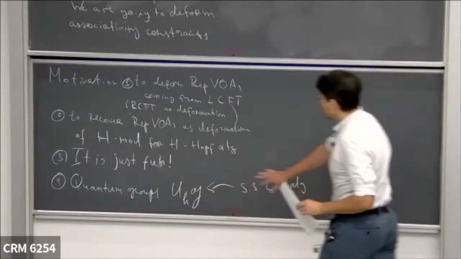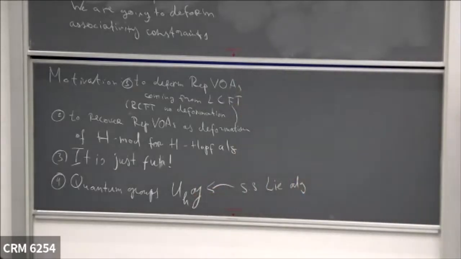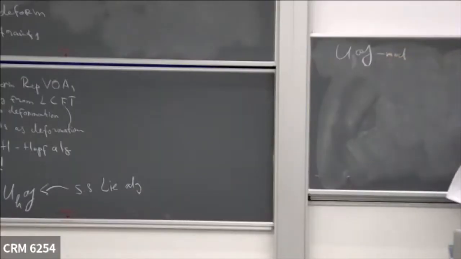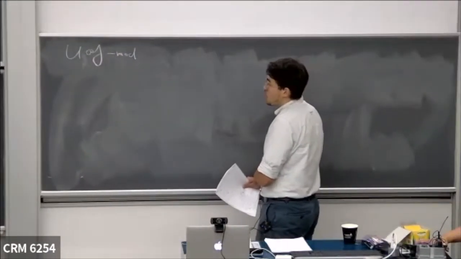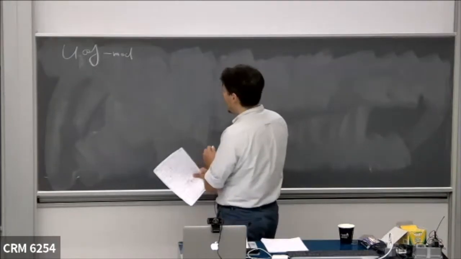So these objects you can understand via the category of representations of U_h g. Okay, let's start this way. We can start with Ug-mod. It's just the category of representations of this semi-simple Lie algebra, where associativity constraints are trivial and the coproduct is just as for the Lie algebra.